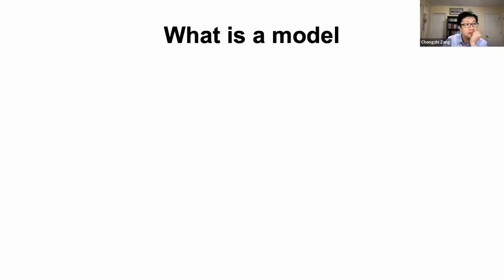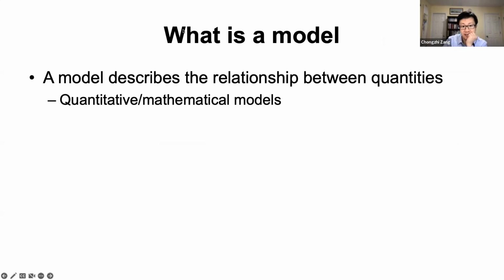When we talk about statistics, we often talk about a model. So what is a model? A model can be different things in different senses. In this context, generally speaking, a model can be used to describe the relationship between different quantities. Imagine when you are reading any scientific paper, reading a plot or a figure.